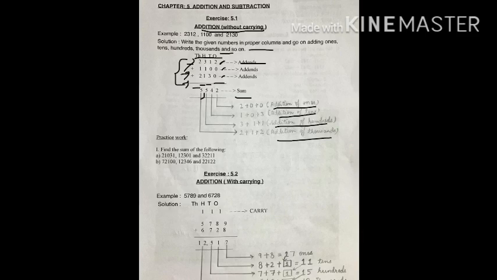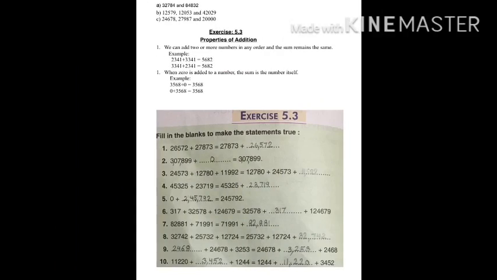Now moving ahead, I will tell you some properties of addition which you have to pay attention to. In addition, order of the numbers is not important. For example, 2341 plus 3341 equals 5682.